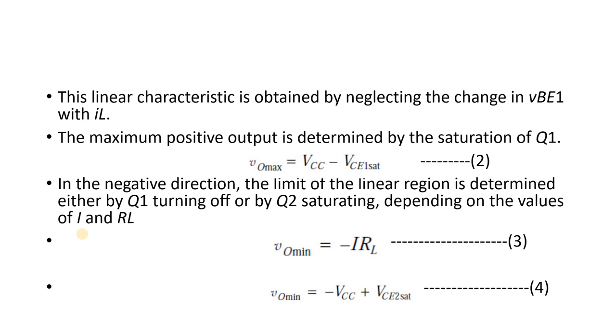Two different conditions: either turning off Q1, or Q2 entering saturation. Depending on these values we get two different conditions that give the limit of the linear region.